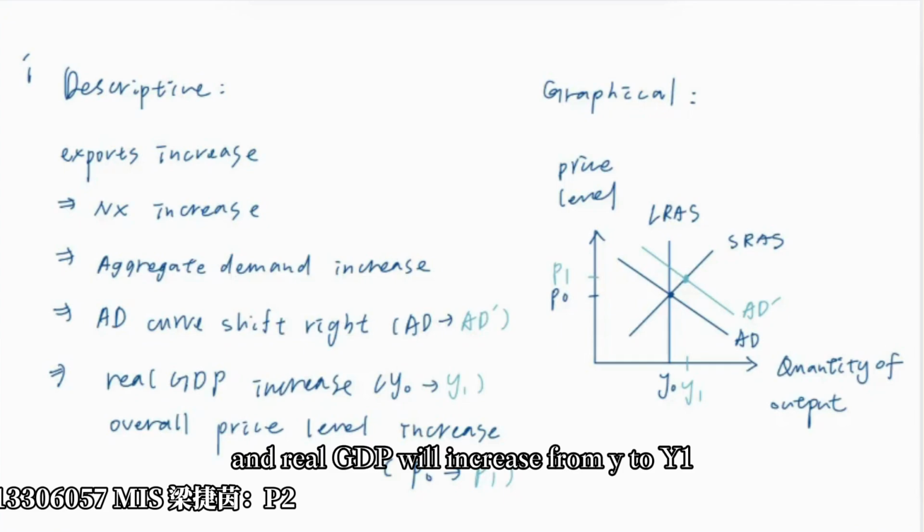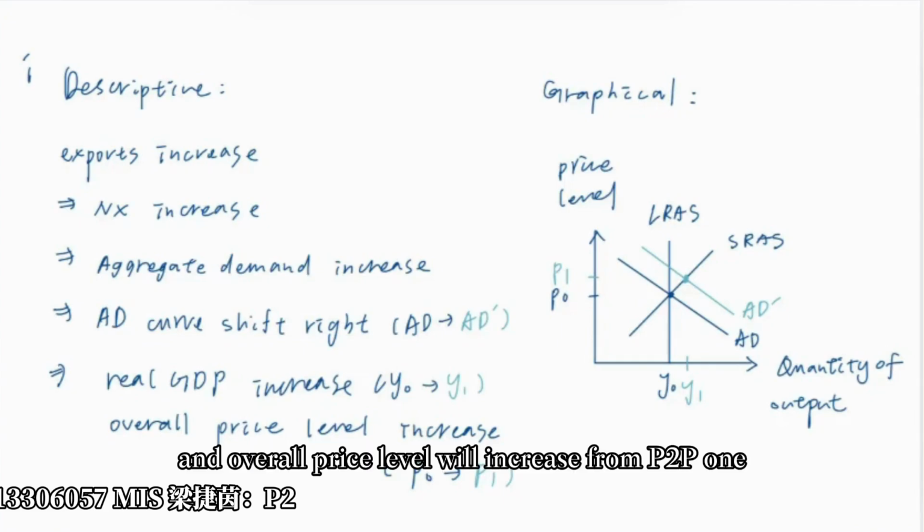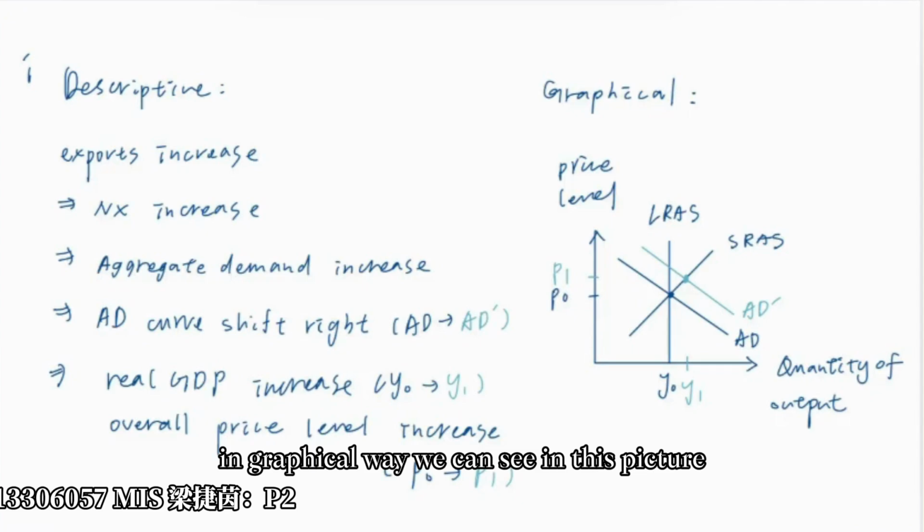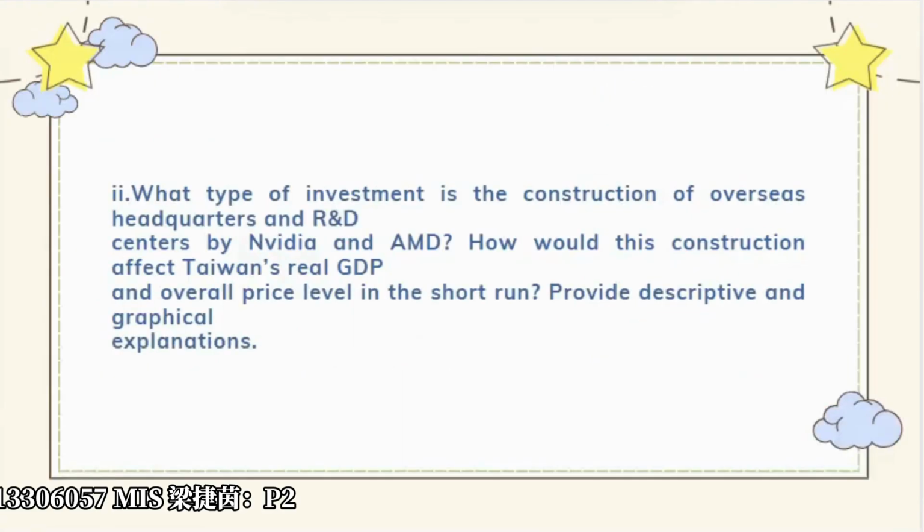Real GDP will increase from Y to Y1, and the overall price level will increase from P to P1. In a graphical way, we can see in this picture that aggregate demand AD shifts right, and the price level and quantity of output will increase in the short run.